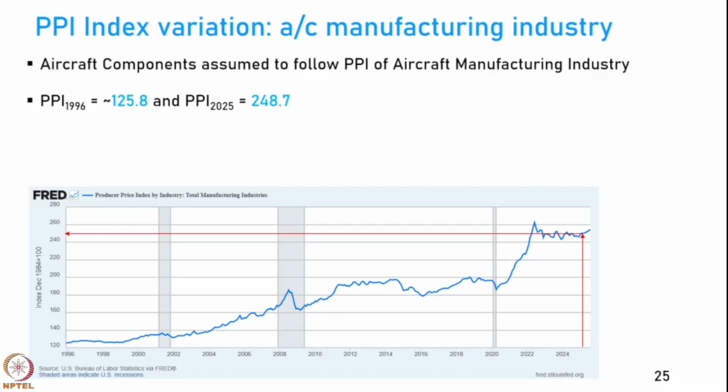So, if we assume that the aircraft components used for maintenance follow the PPI of the aircraft maintenance industry, you get a cost escalation factor for PPI of 1.977, broadly double. So, the manpower costs have increased more, 2.17, whereas the material or component costs have increased by almost double, 1.977 to be precise.